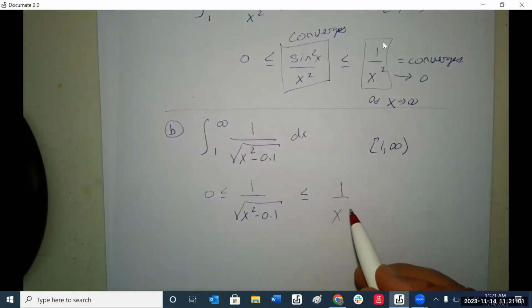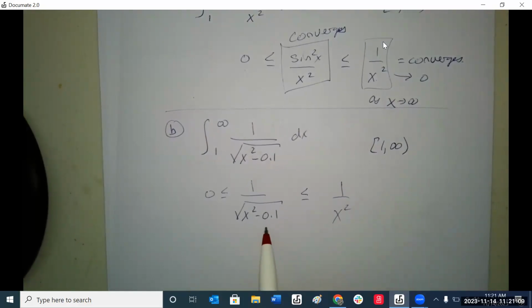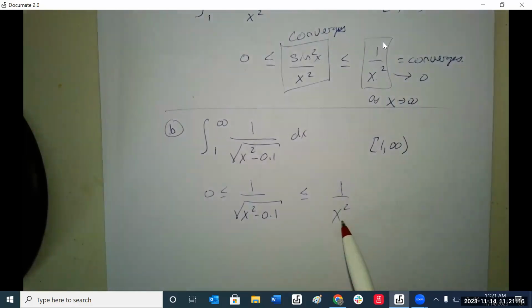Compare it with 1 over x squared. As x gets larger, this one's smaller than this one.